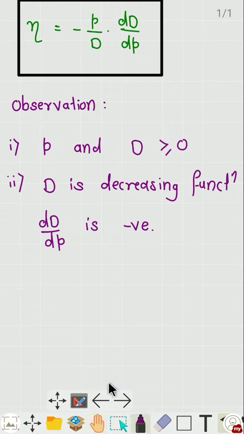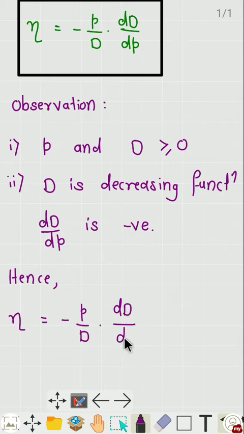Hence eta is equal to minus P upon D into dD by dP.